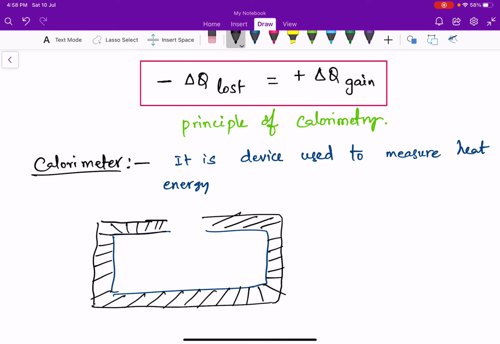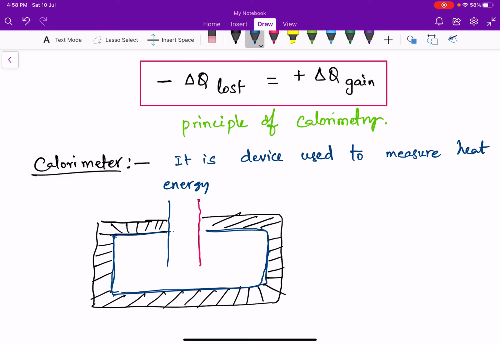Here we have a stirrer, with the vessel and stirrer made up of the same material, and also there is a gap to keep the thermometer in the vessel.